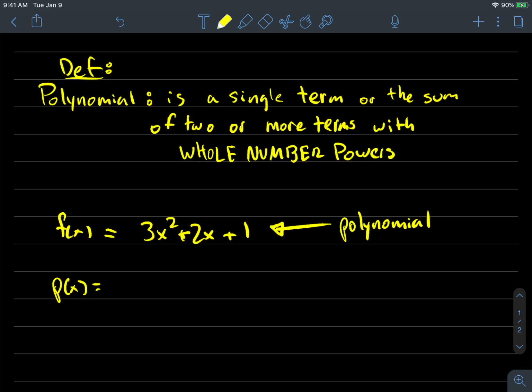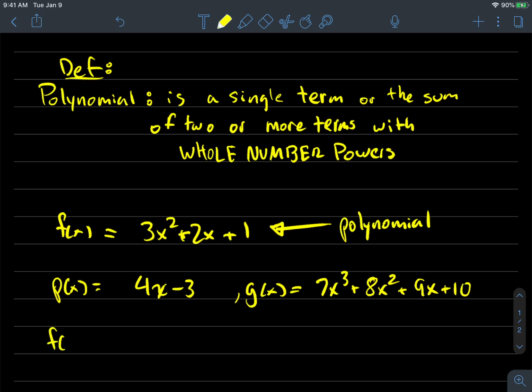A polynomial can equal 4x minus 3. You can also have g of x equal to 7x cubed plus 8x squared plus 9x plus 10. You can also have minus signs in our polynomials. You can have f of x equal to negative 3x plus 2x squared minus 11x.